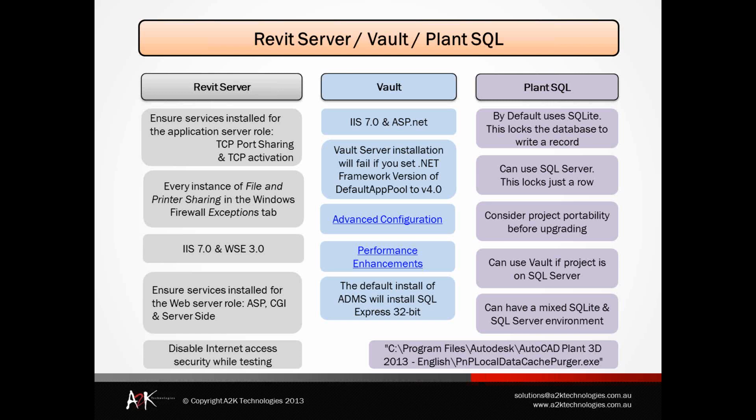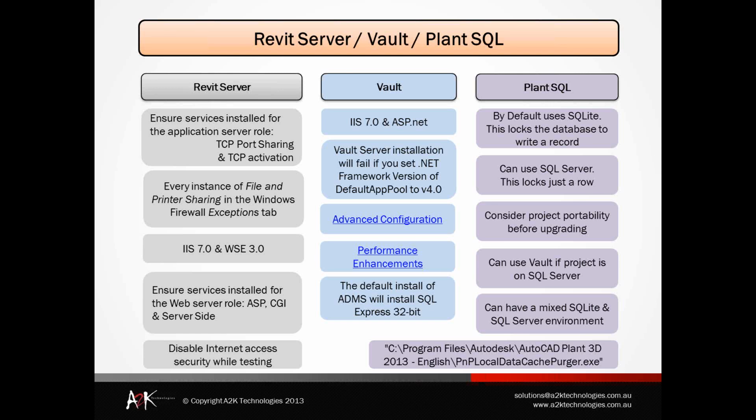And I would strongly recommend, if you're installing Revit Server, have a printout of all the prerequisites, double check it and tick it off the printout as you go through. Most of the issues we see relate to the prerequisites not being in place.